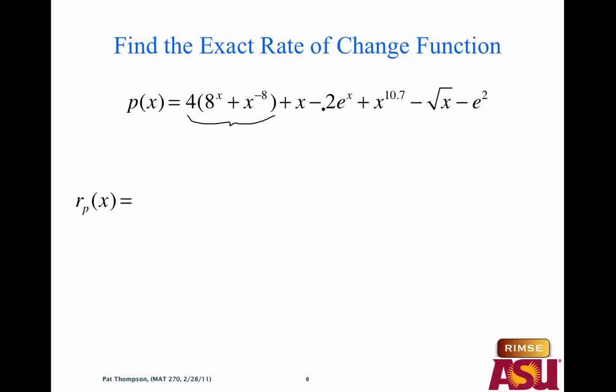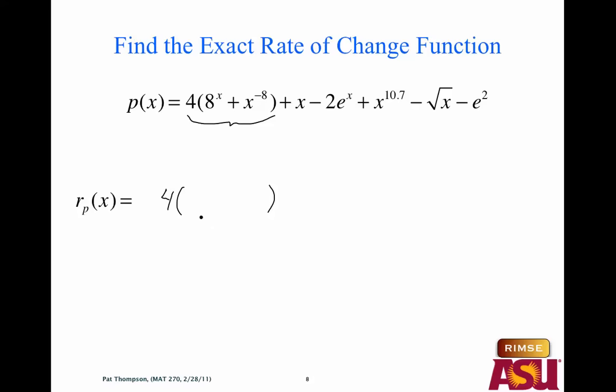Yeah, so this is 4 times a function. So the rate of change will be 4 times the rate of change of what's inside. And what's the structure of what's inside the parentheses? A sum. And so we're going to do the individual functions.